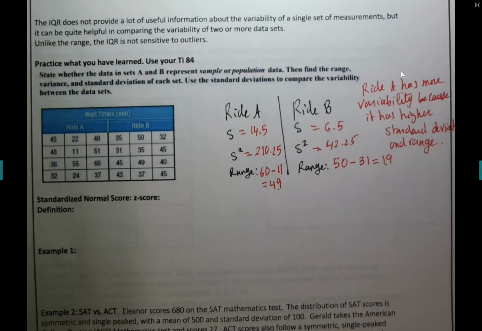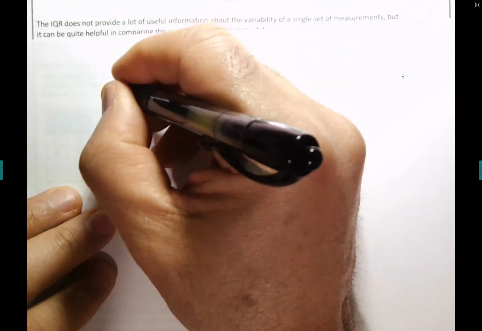The last thing, guys, we would like to do before we get into the last part of this section, I want to tell you about the box and whisker plot. I don't know if you heard of this before, but let me tell you what the box and whisker plot is. Your calculator can do a box and whisker plot.